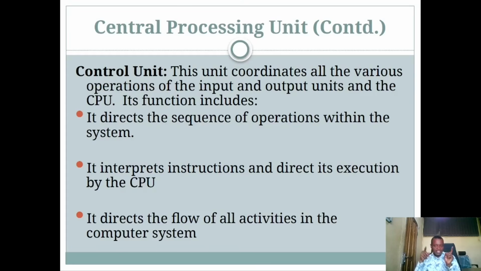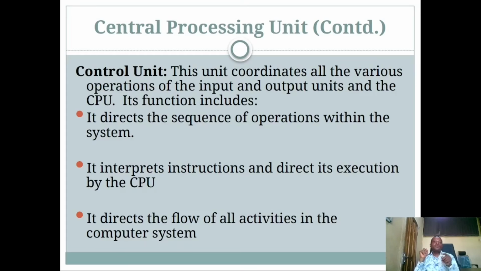It coordinates all the various operations of the input and the output unit and the CPU itself. That means that the control unit brings in harmonious interaction among the various units of the computer system.